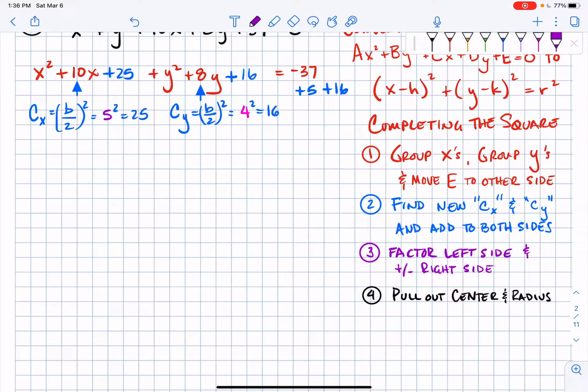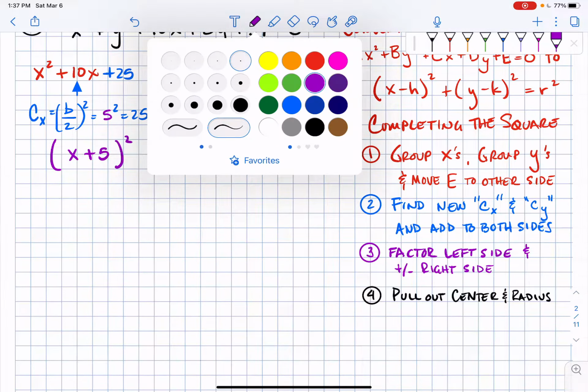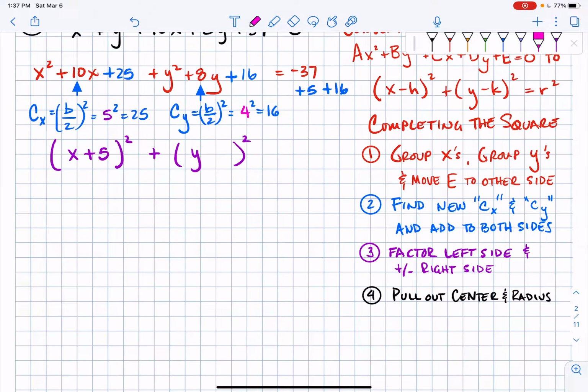Step 3 says to factor the left side. So I got to factor the x. So my x is going to be x plus 5 squared, plus my y is going to be plus 4 squared.